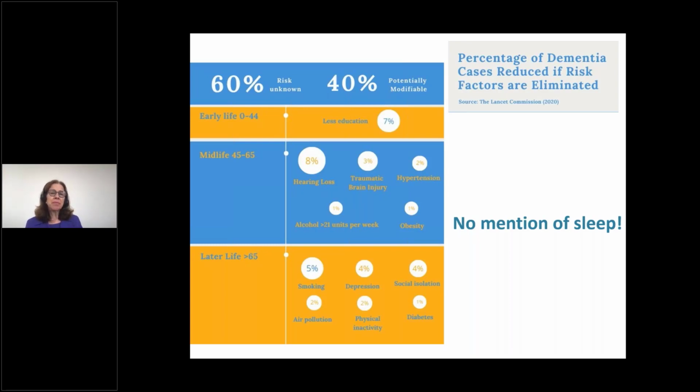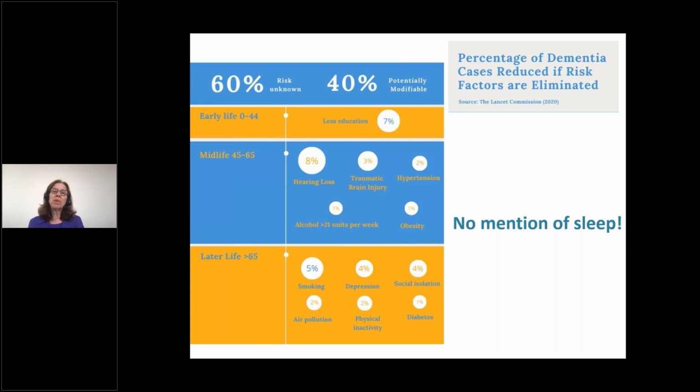In our middle years, trying to prevent head injuries, limiting alcohol use, trying to treat hypertension, preventing obesity, and treating hearing loss are all factors that can decrease or slow dementia. And finally, in later life, treating things like depression and diabetes, and making sure people don't smoke, aren't exposed to air pollution, aren't socially isolated.